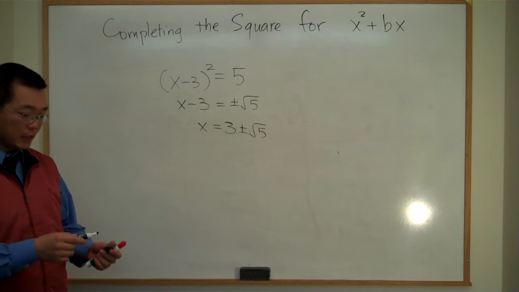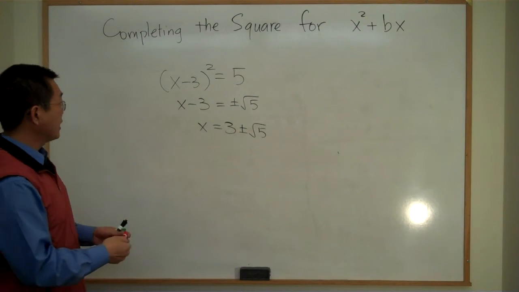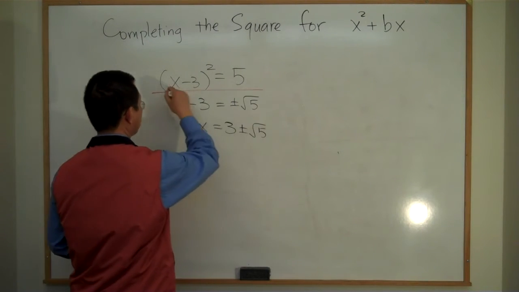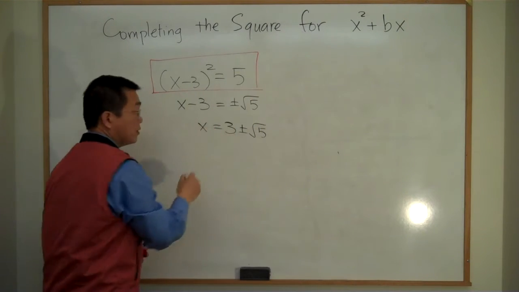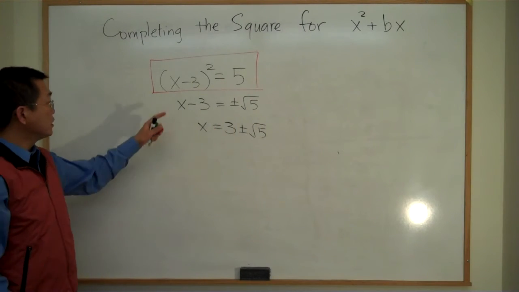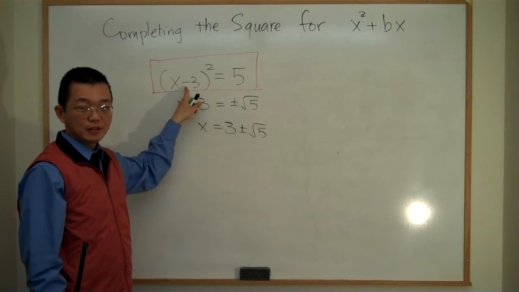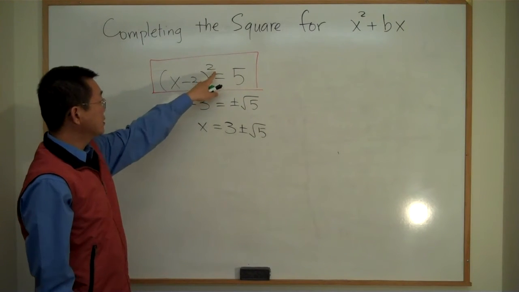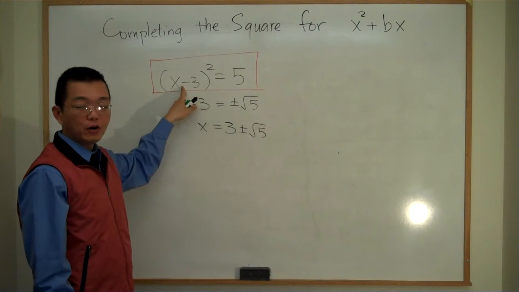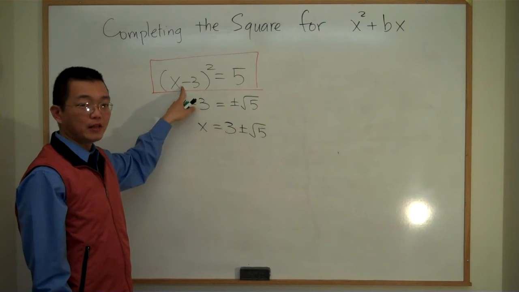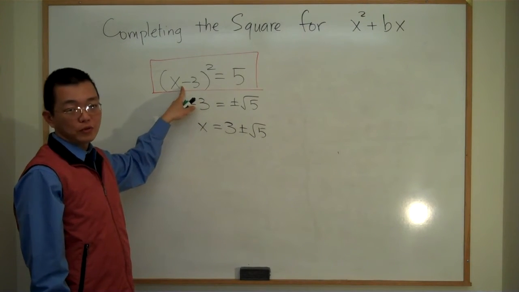Now this is made possible because we have this kind of form, where on the left hand side of this equation I have got a square term. Okay, this is the square of x minus 3. We call this a completed square, and I will show you how to do that.